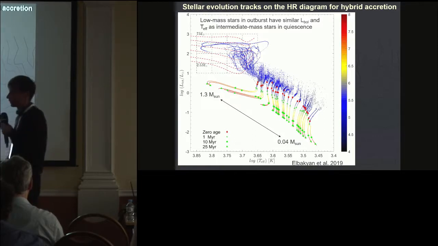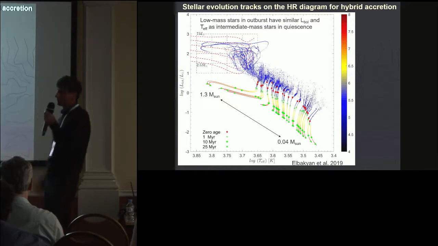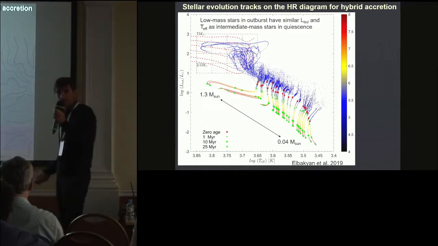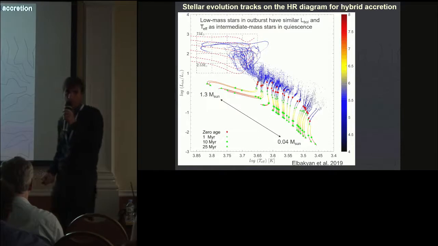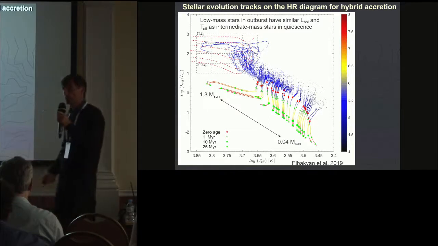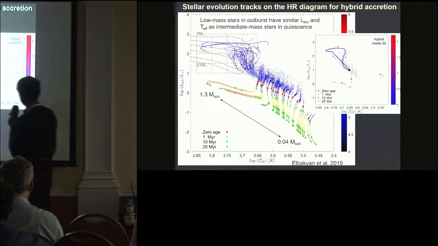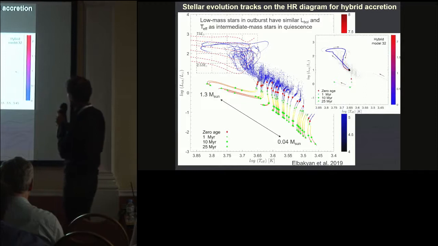But then look, something is happening here. What is this? These are actually excursions that are experienced by our stars during the outbursts and after the bursts. I plotted here an example of one of those.